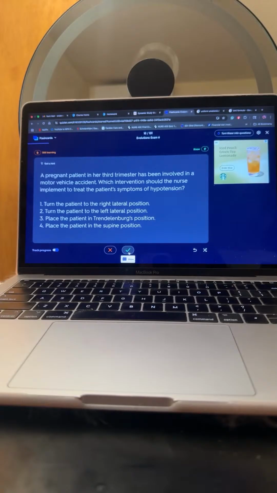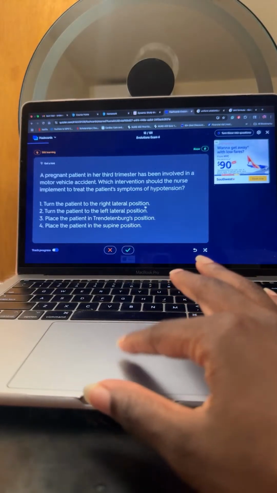A pregnant patient in her third trimester has been involved in a motor vehicle accident. Which intervention should the nurse implement to treat the patient's symptoms of hypotension? Turn the patient to the right lateral position, turn the patient to the left lateral position, place the patient in Trendelenburg's position, or place the patient in the supine position. The answer is left lateral position.